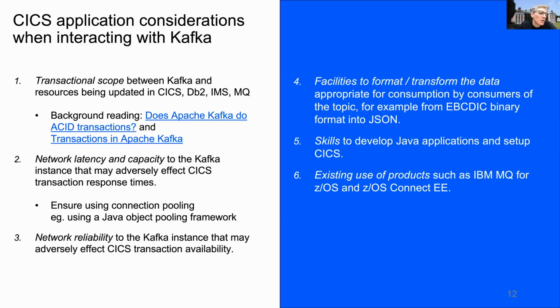The other factor to consider from a CICS application point of view is that it's typically running in EBCDIC. We've got code page conversion and possibly transformation from binary types to possibly JSON objects or something like that. So where do you want to do that transformation? Typically, other systems aren't going to understand EBCDIC, so for their benefit, traditionally that transformation is done on z/OS.